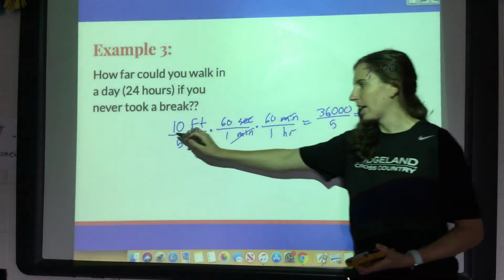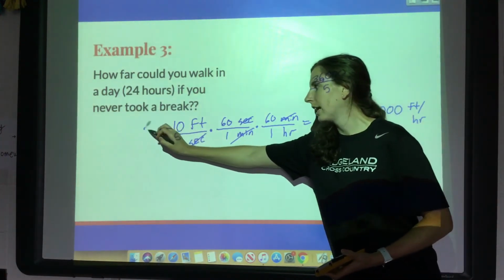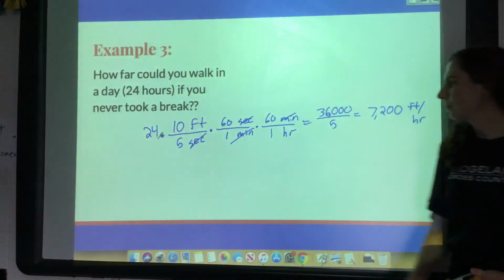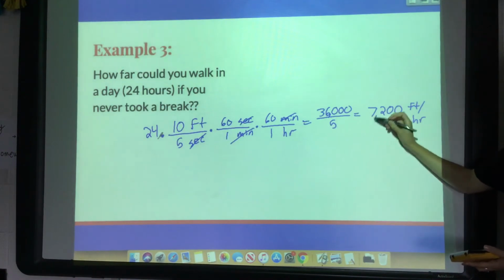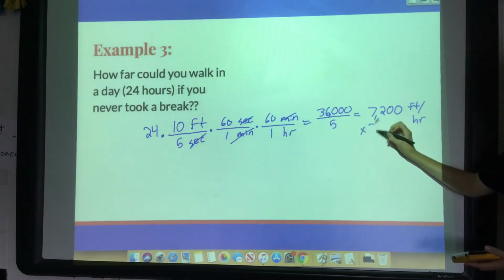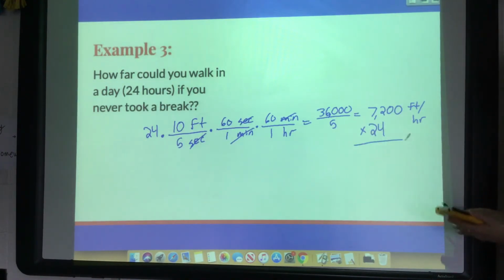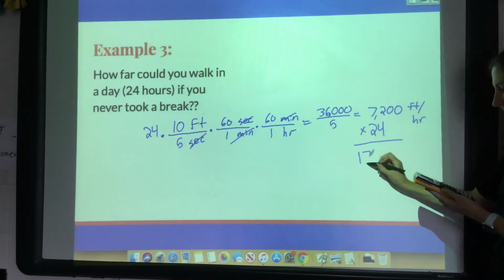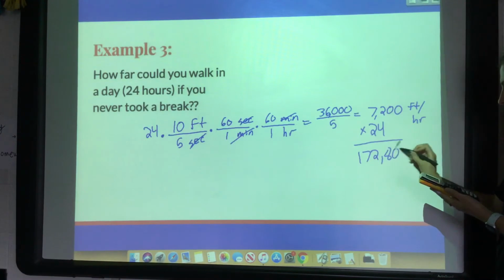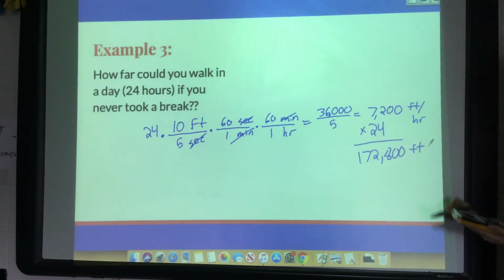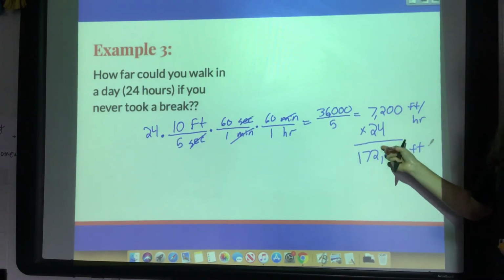Or think of that as part of this, just multiply the whole thing by 24. So let's see. That would be 172,800 feet. You may be interested what that is in miles, because that's a lot of feet.